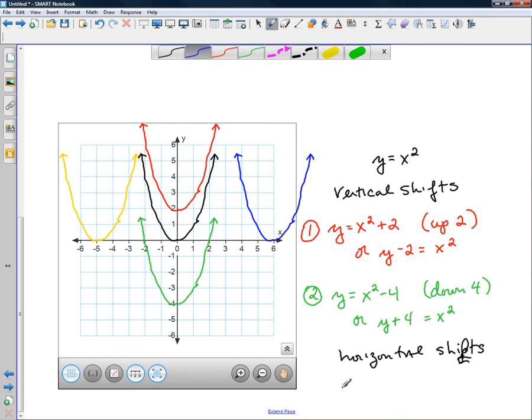And wouldn't this be y equals, now we've got to put it with the x, so wouldn't that be x minus 6 quantity squared? Every x, you'd have to subtract 6 from the blue one to restore it back to where the black one is. This is over to the right exactly 6 units.